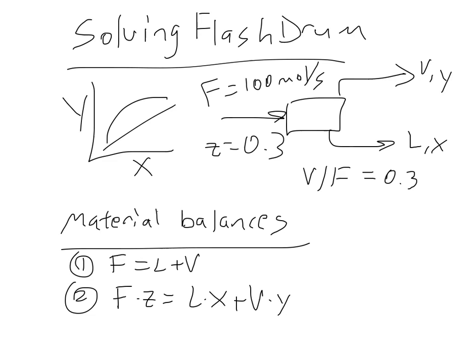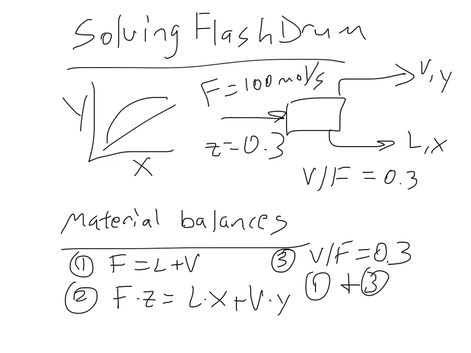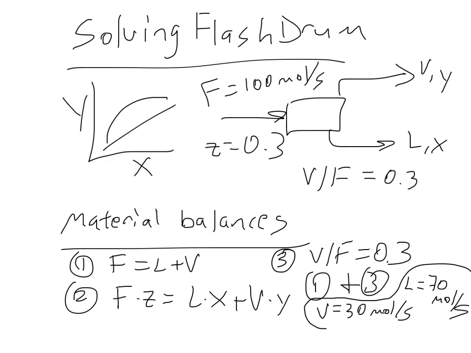Then we have this third part, equation 3: V over F is equal to 0.3. If we take 1 and 3 and solve them, we get V is equal to 30 moles per second, and L is equal to 70 moles per second. Those are our answers for V and L.